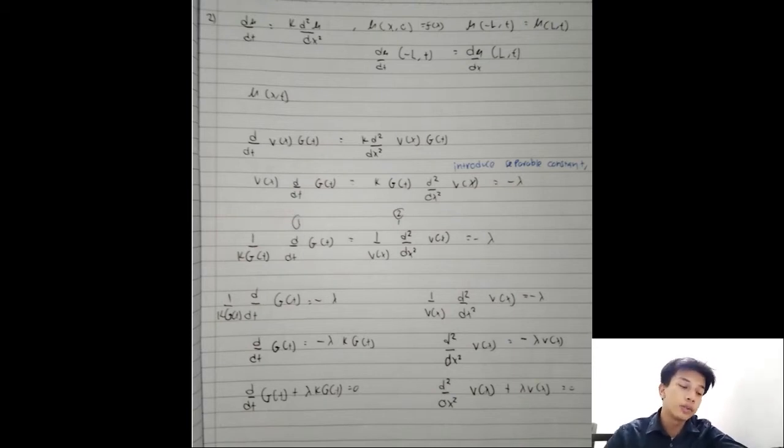For the second equation, (1/v(x)) d²v/dx² = -λ, we can solve it by multiplying both sides by v(x), which produces d²v/dx² + λv(x) = 0.